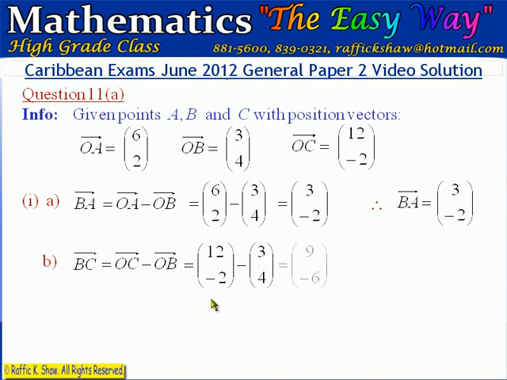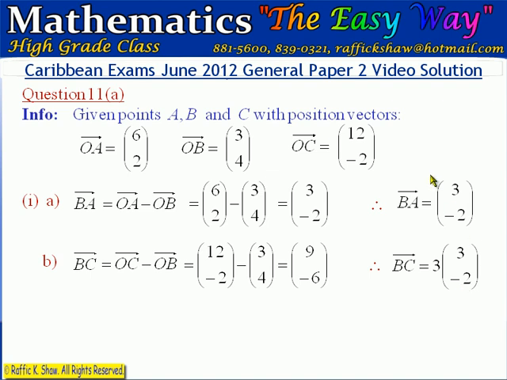Therefore, the result is 12 minus 3 is 9, -2 minus 4 is -6. We can observe that vector BC is actually 3 times (3, -2). What we have done is factorize this (9, -6).